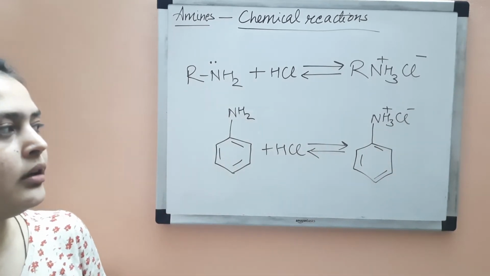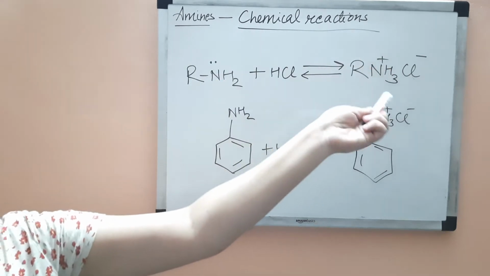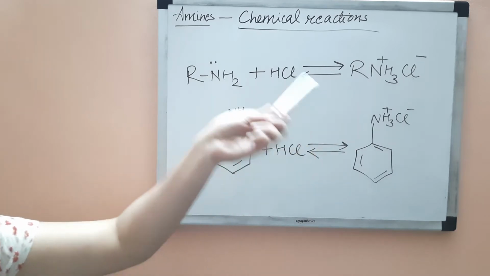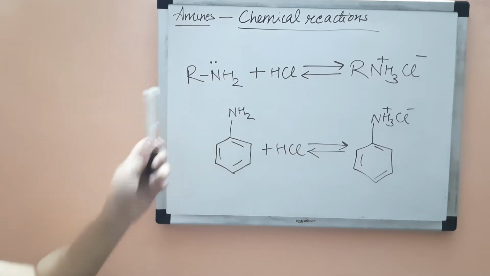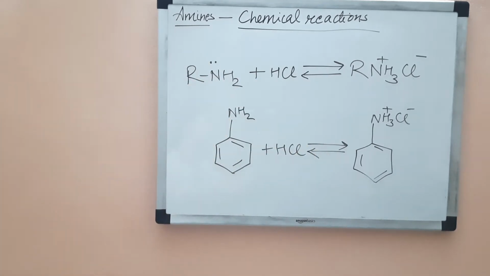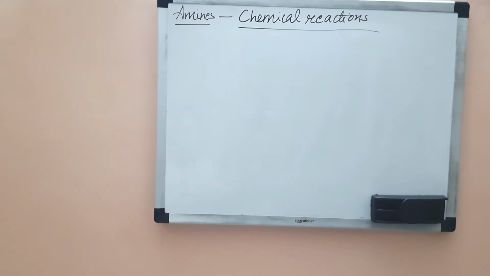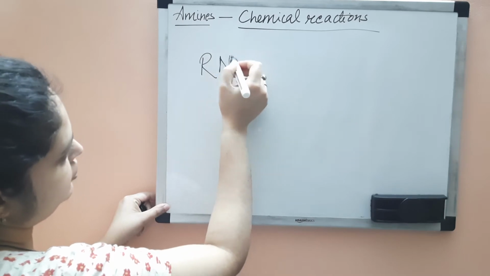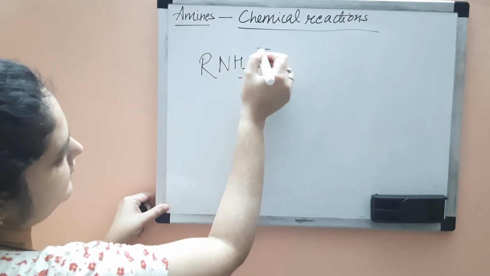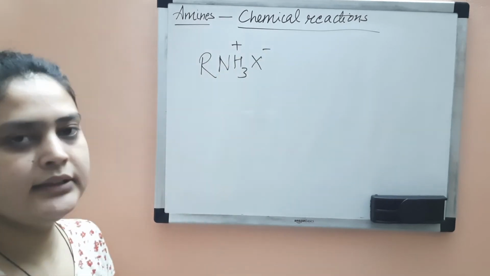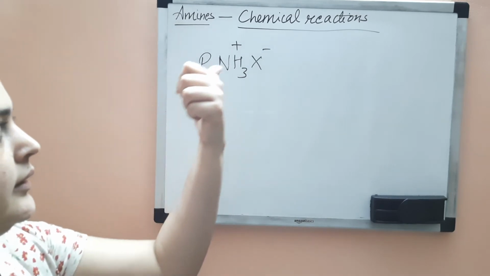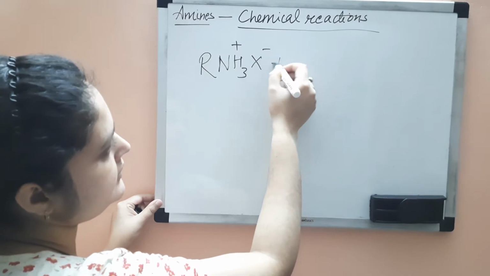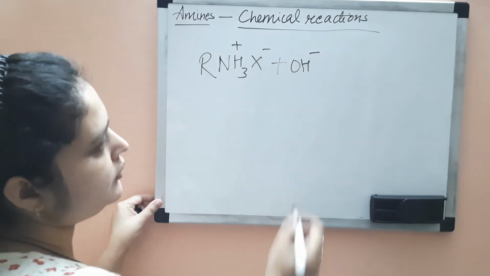Now if you react this salt form with a base, then what will you get? You will get your parent amine back, right? So the salt formed, that is RNH3+ X-, was formed from the amine and the acid, and if you react it with a strong base, then what will you get?